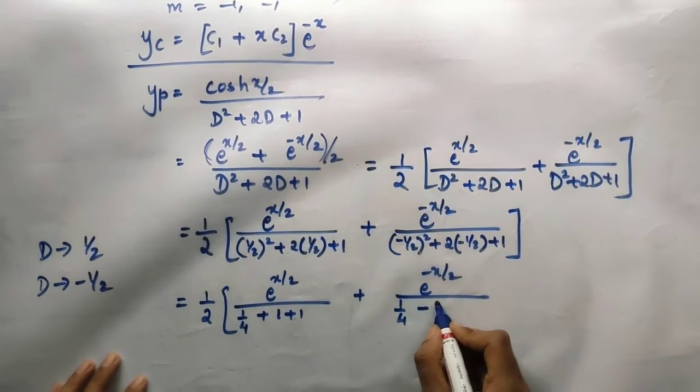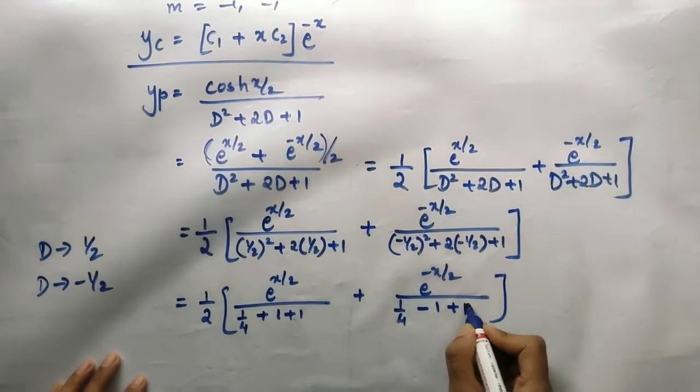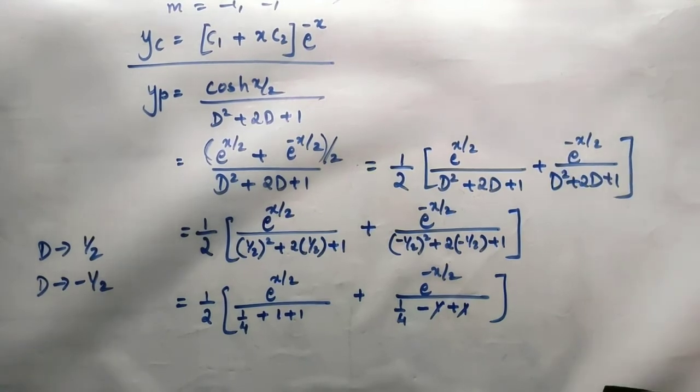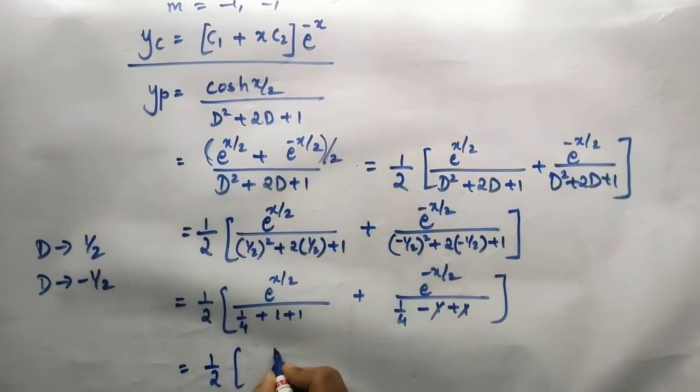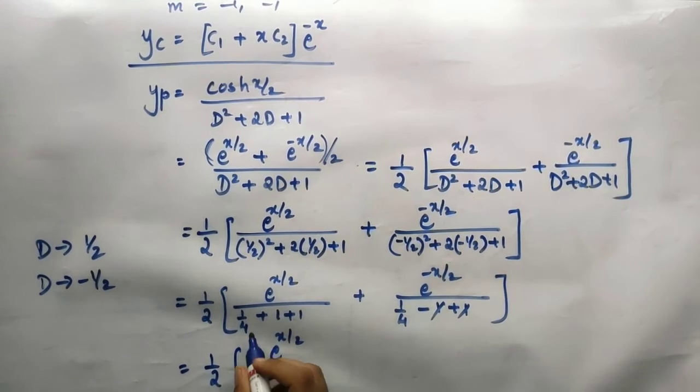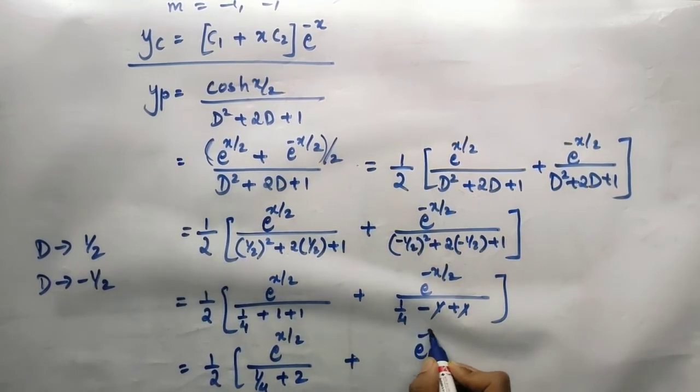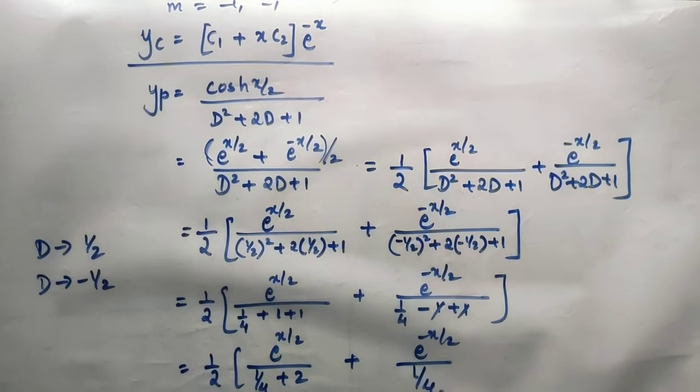You will have minus 1 plus 1. Minus 1 plus 1 gets cancelled here, and 1 plus 1, 2. 2 plus 1 by 4 you have to do. So e to the power x by 2, 2 plus 1 by 4. So it is 1 by 4 plus 2 over here, plus e to the power minus x by 2 divided by 1 by 4. Okay.